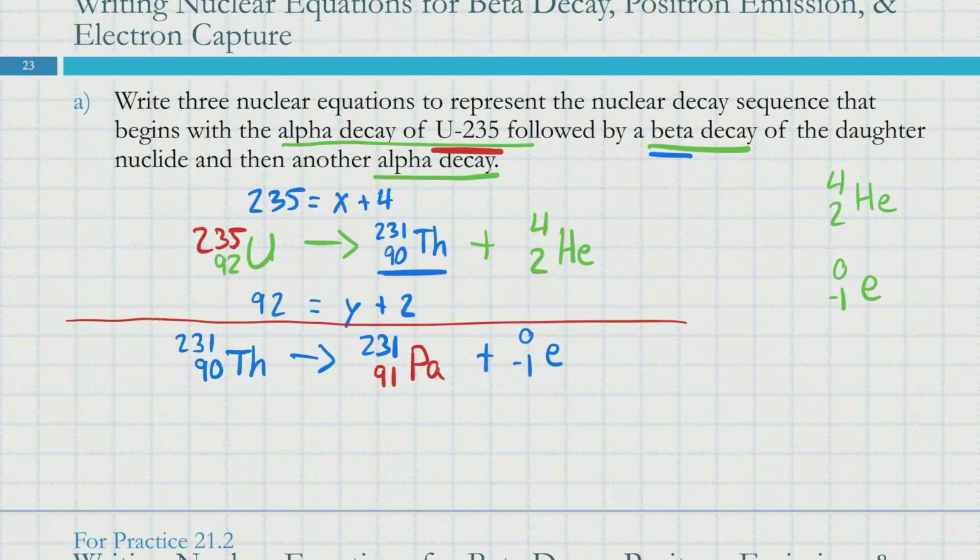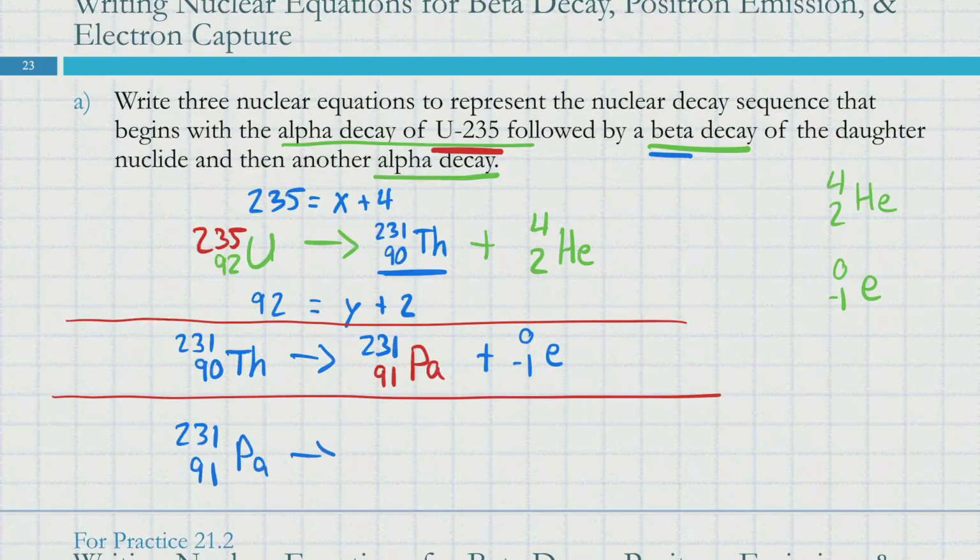And then we would start off our next nuclear equation with that. So 231 over 91 Pa undergoing alpha decay. So write in another alpha particle, and it's 227 and 89 for our numbers.